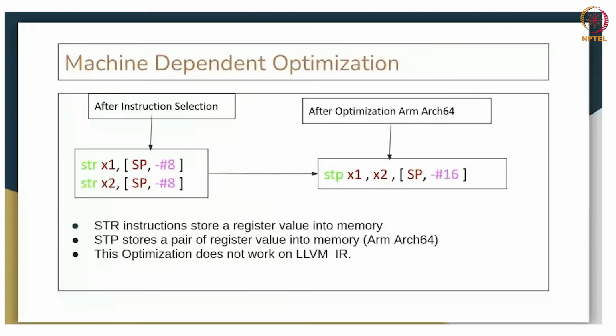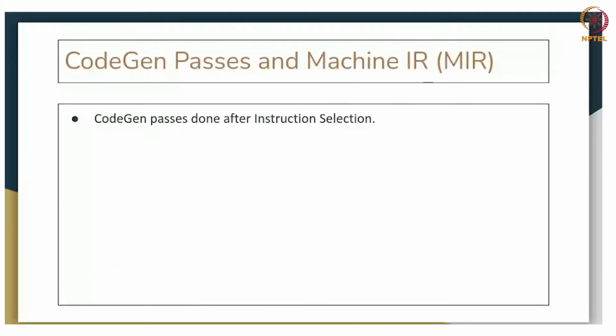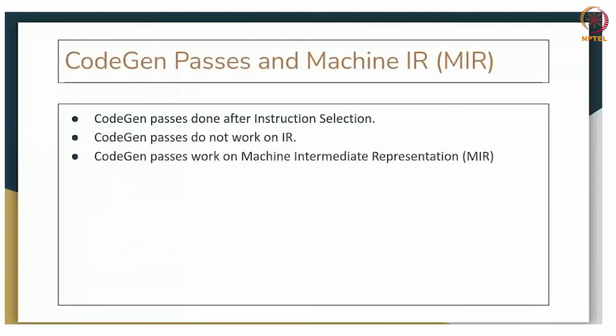So these are the coordinate passes on machine IR, done after instruction selection. Coordinate passes do not work on IR; they work on machine intermediate representation. There is a similarity between MIR and IR.